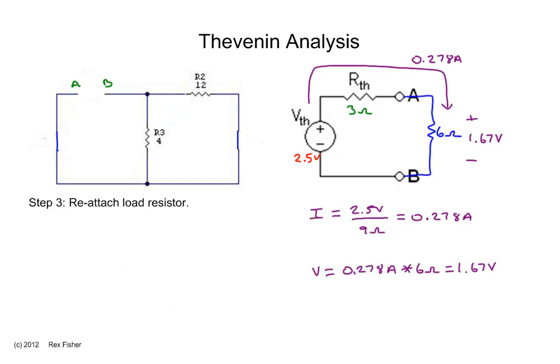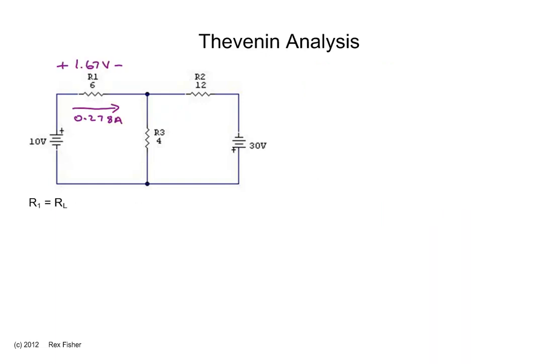Reattach the load resistor, find the current through the series circuit, and the voltage across your load resistor. In this case, it's 6 ohms. The current is 0.278 amps, which gives us a voltage of 1.67 volts. And this is what it looks like mapped back to the original circuit.